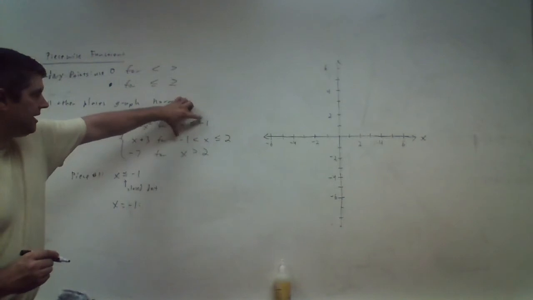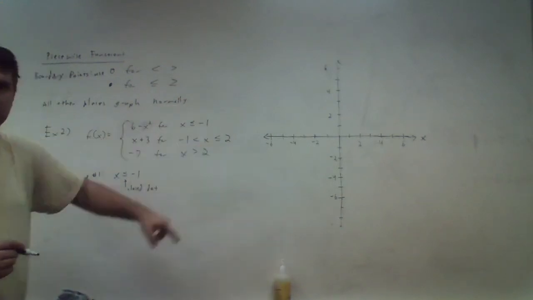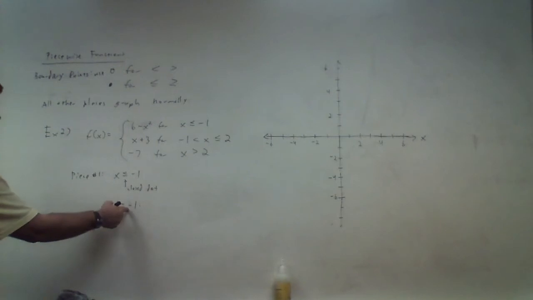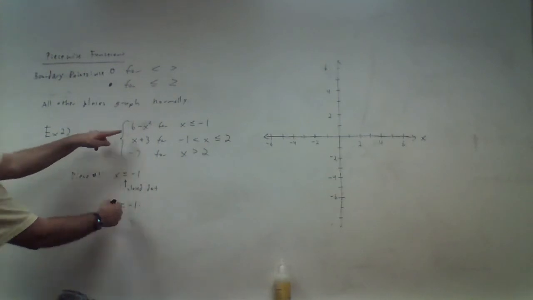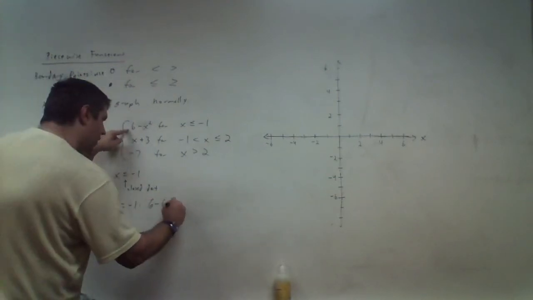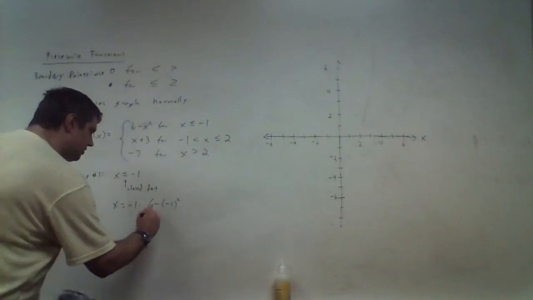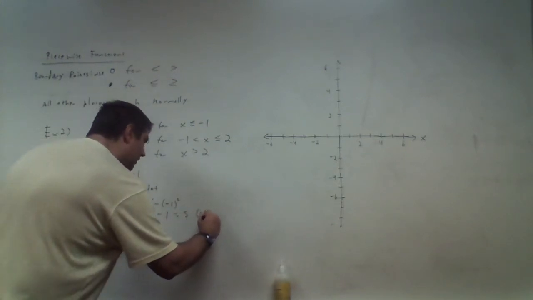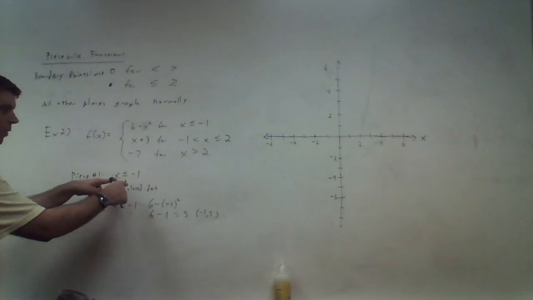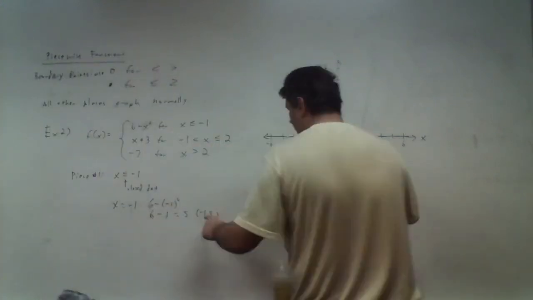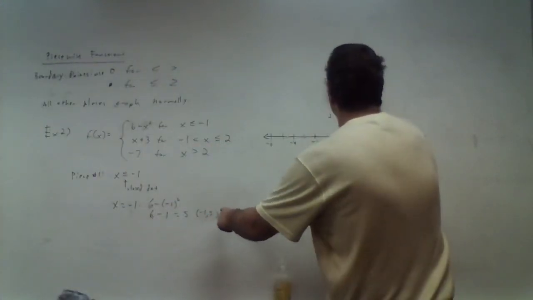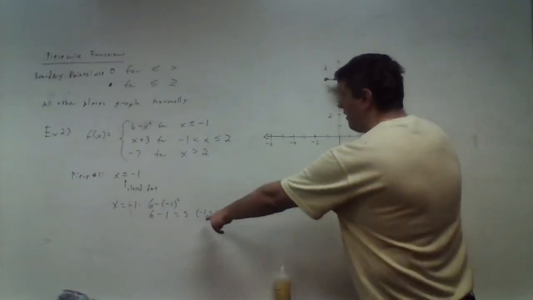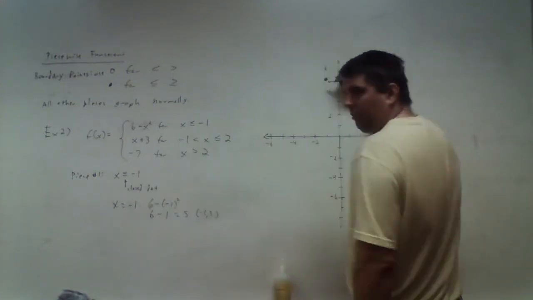For piece number 1's boundary, we have x equals negative 1. We're going to do 6 minus negative 1 squared, which is 6 minus 1, so we have negative 1, 5, and because of the or equal to, it's going to be a closed dot.